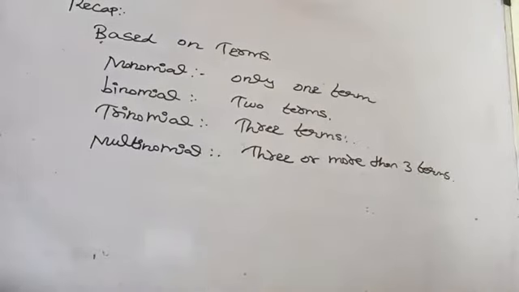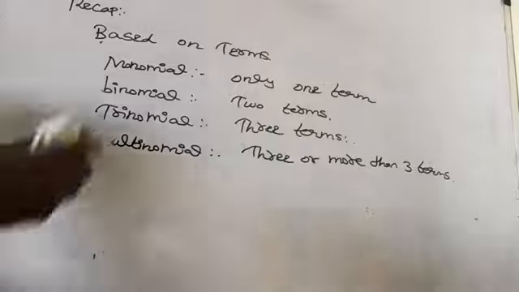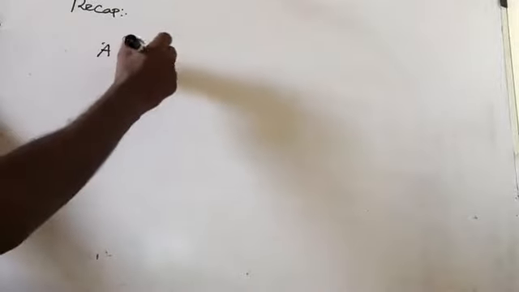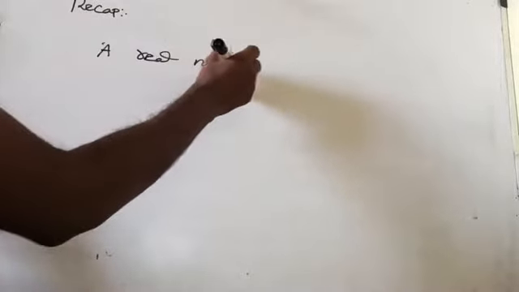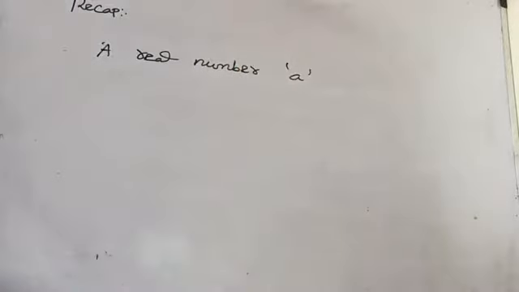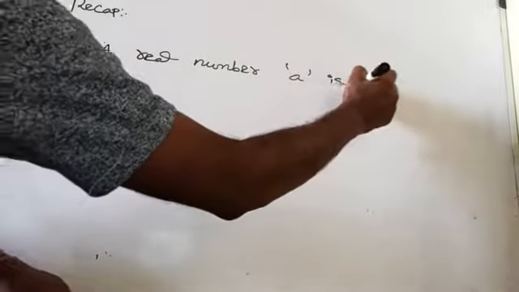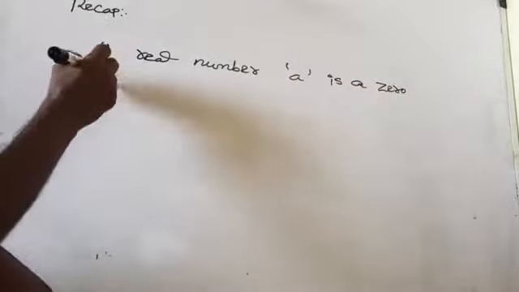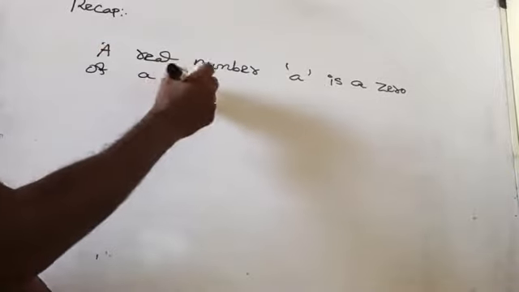And then the next topic is remainder theorem. A real number a is a zero of a polynomial.